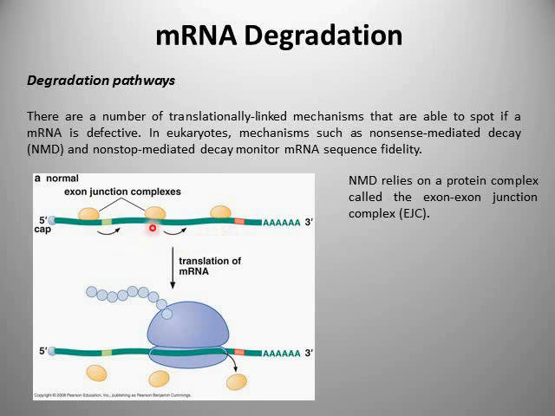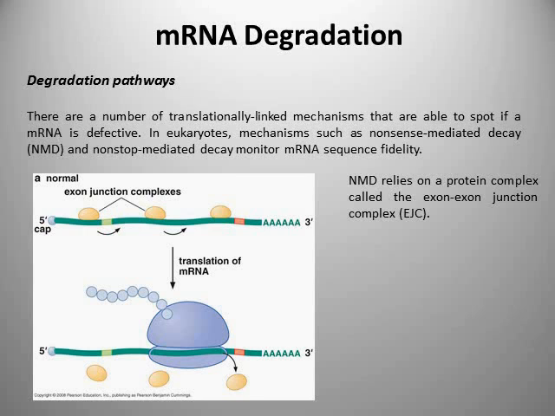These joins represent exon-exon boundaries, where two exons have been spliced together. Wherever two exons are joined together, you always find a group of proteins associated at that exon-exon boundary called the exon junction complex. This is a group of proteins that's left behind as a deposit by the spliceosome following joining of these two exons together.